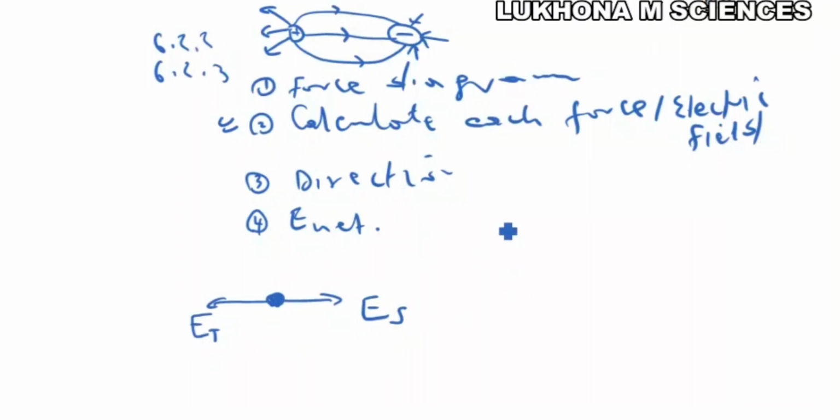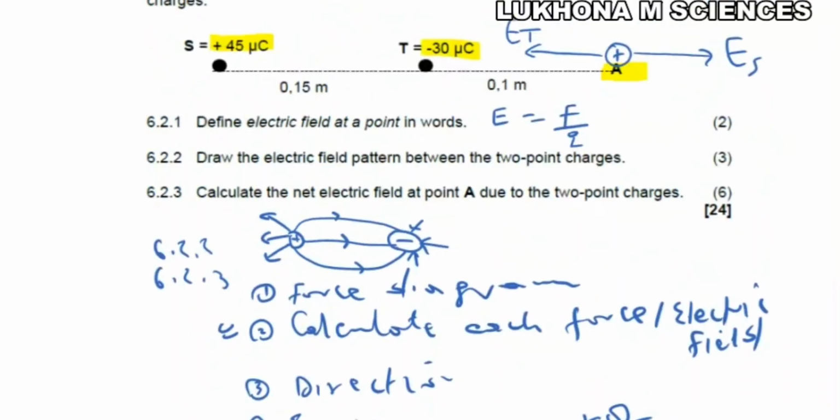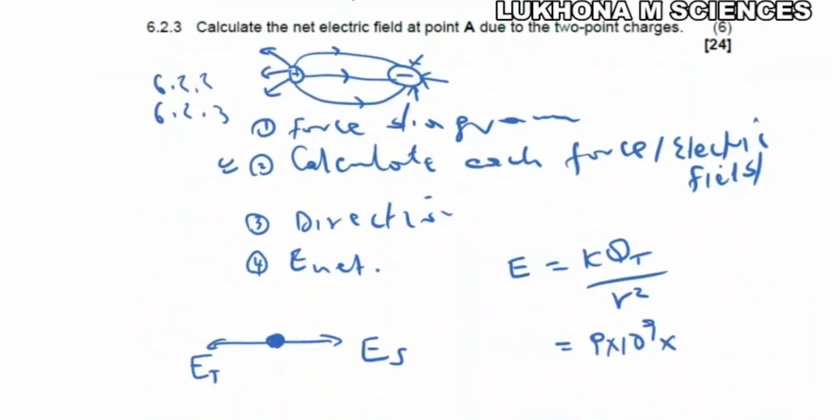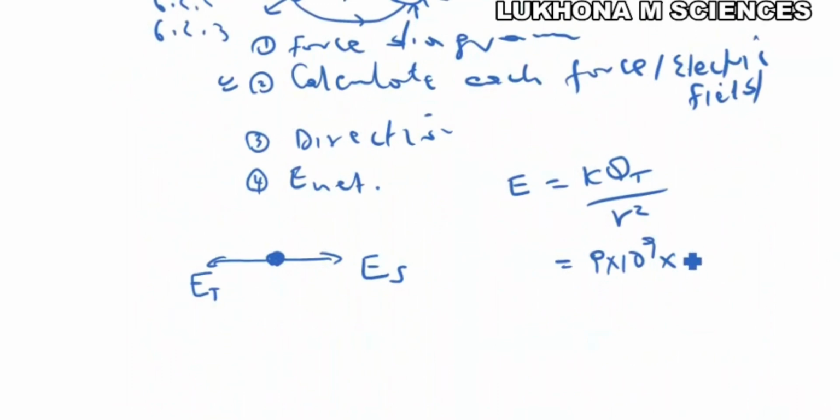So the electric field will be equal to KQ, starting with T, divided by r squared. Now K is 9 times 10 to the power 9, times the charge of T, 30 microcoulombs.